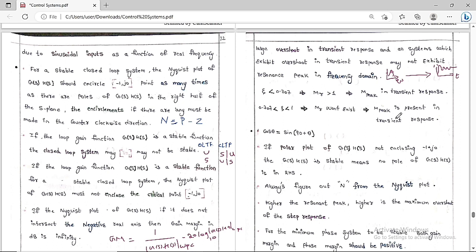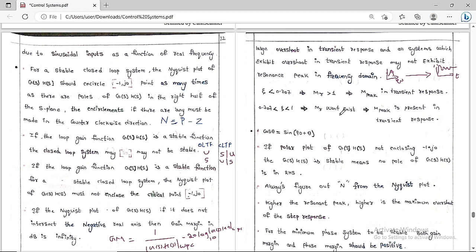But if you are having a peak in the transient response, it does not guarantee that there is a resonant peak also. So whenever there is a resonant peak, it guarantees there is a peak overshoot in the transient response. But if there is a peak overshoot in the transient response, it does not guarantee that there is a resonant peak value in the frequency response. So this one always you have to keep in your mind.